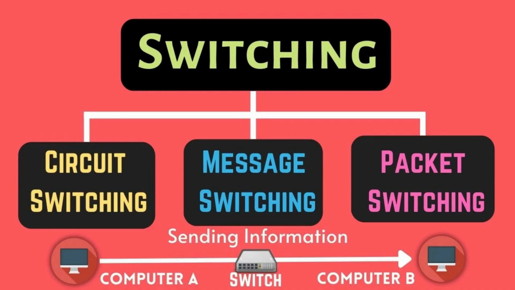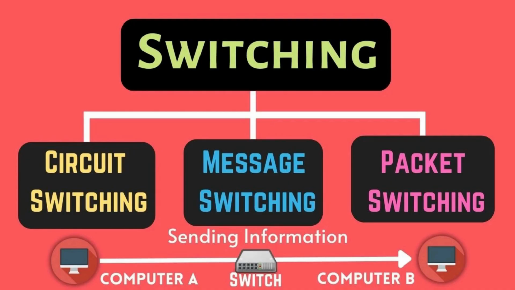How does packet switching work? Data segmentation: the data to be transmitted is divided into small packets. Packet addressing: each packet is sent with a header containing information like the source and destination address as well as the sequence number.